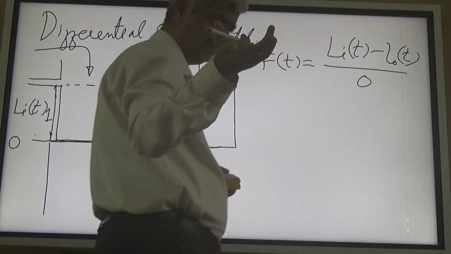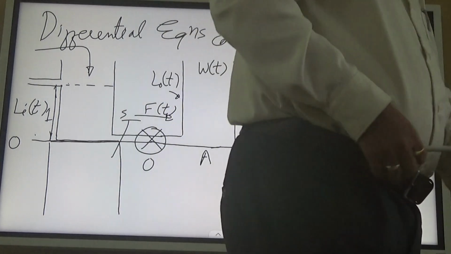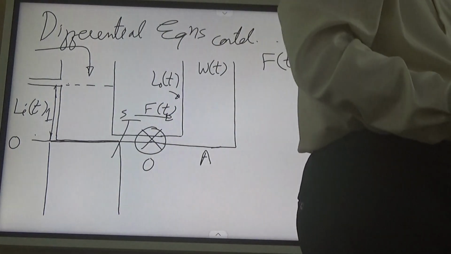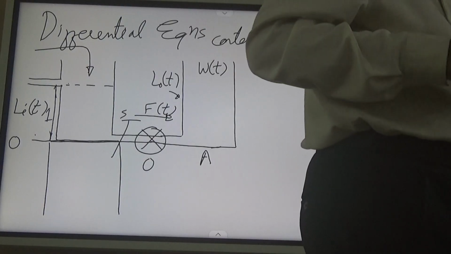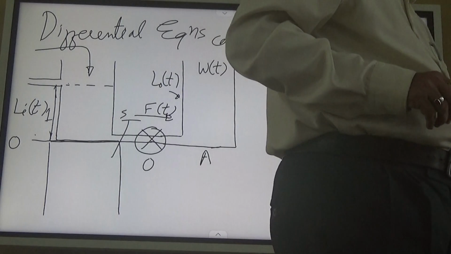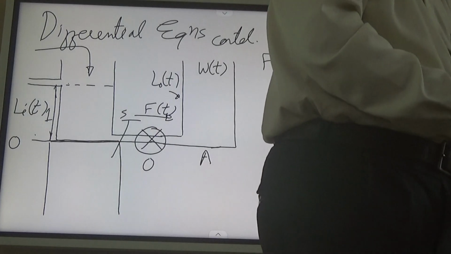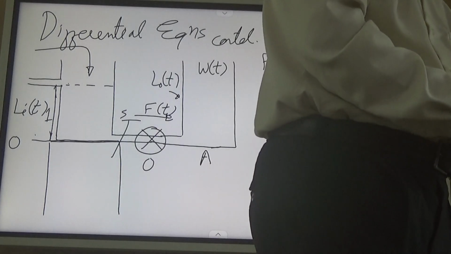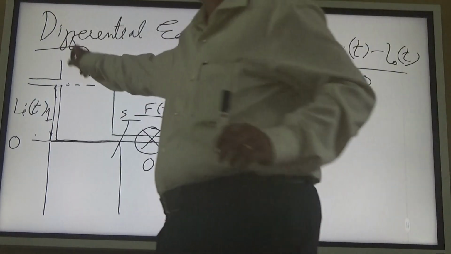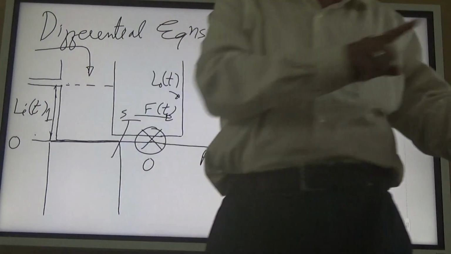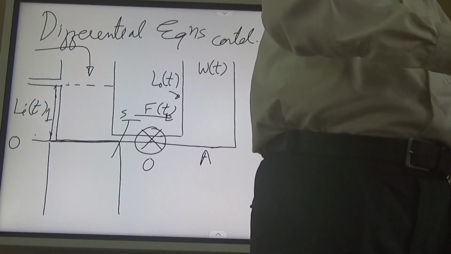There are many ways with which you can consider. Let us say that this level I am treating as 0. The other tank is at this level. So this is the 0 level, and with reference to that, this is the water level in the tank.